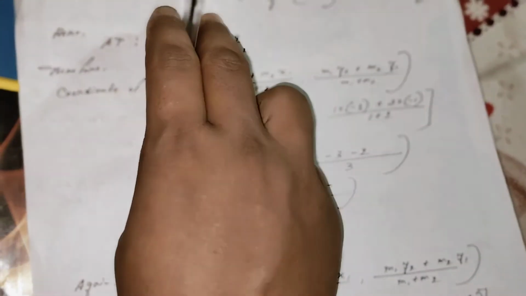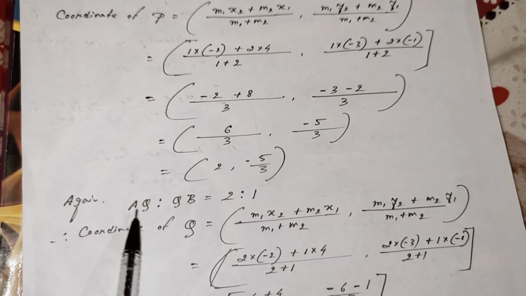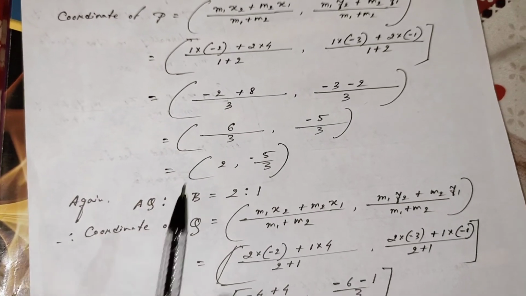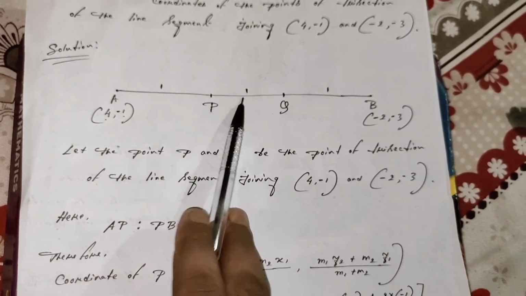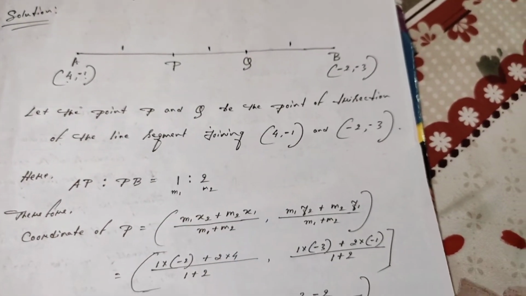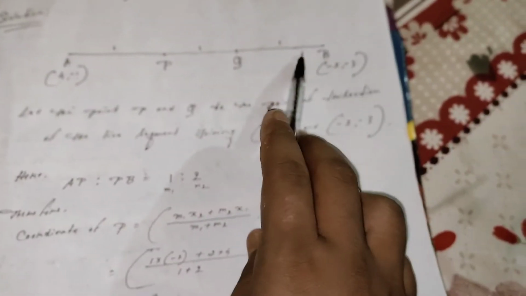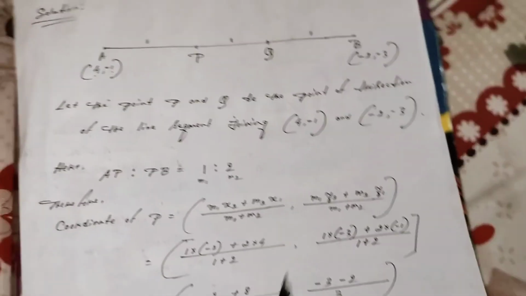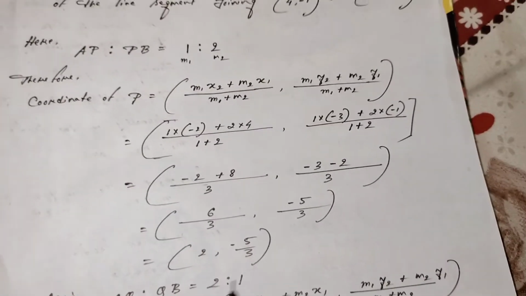Now we have got the coordinates of point P. Now in a similar manner, we will find the ratio of AQ to BQ. Here we can see that in AQ there are two equal parts, and in BQ there is one part, so its ratio will be 2:1.